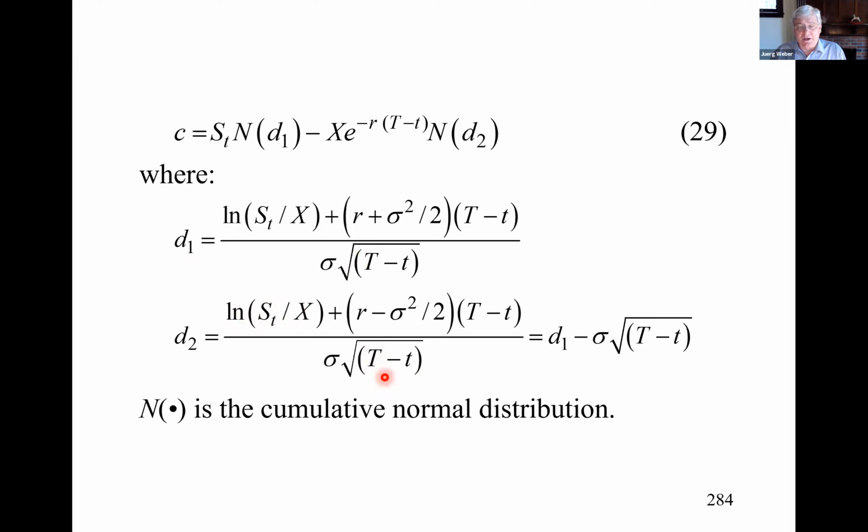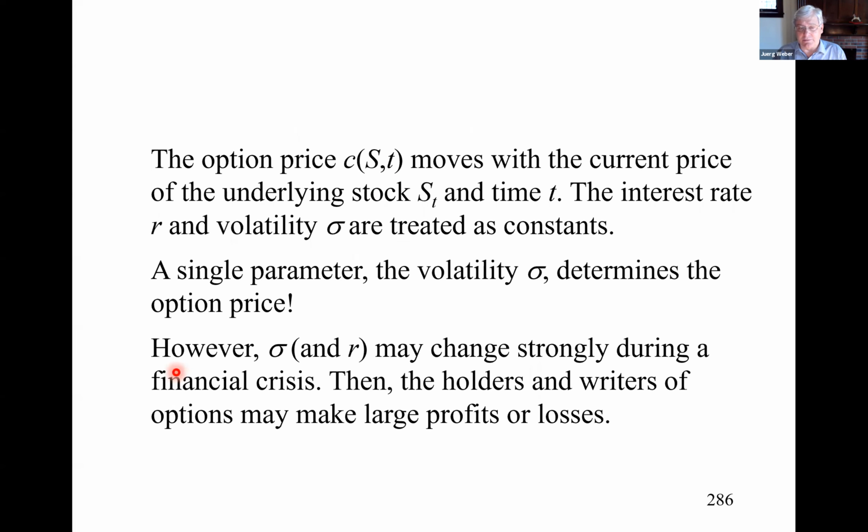Here again, the denominator approaches 0 because time approaches big T. So we have a positive divided by a smaller and smaller denominator, and again we get plus infinity.